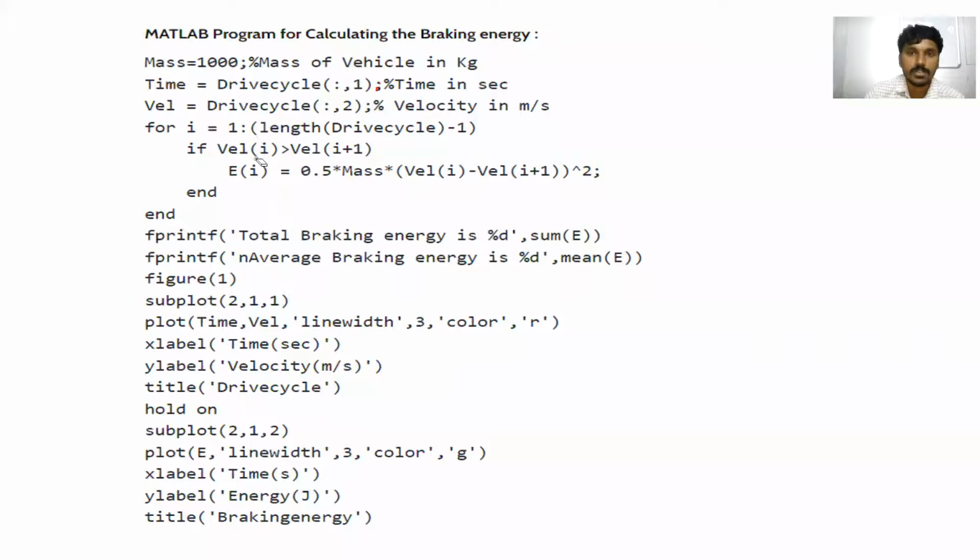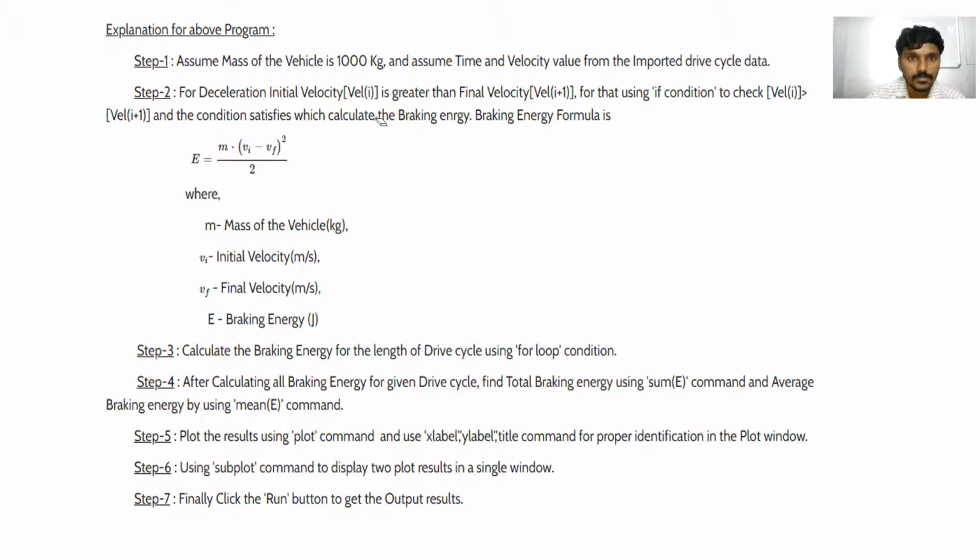Whenever the braking is applied, the velocity of the vehicle changes. That velocity of the vehicle is represented by velocity of i. Clear? Next is greater than the velocity of i plus 1. Velocity of i plus 1 is nothing but the initial speed.